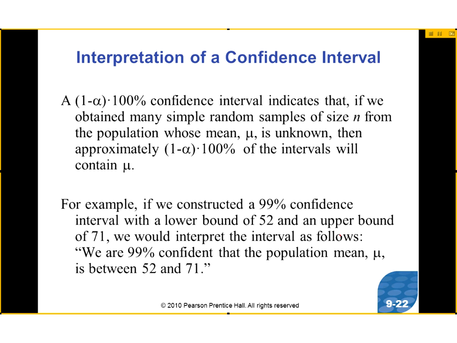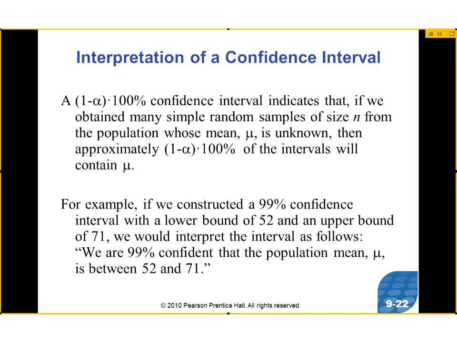And again, for a 1 minus alpha times 100% confidence interval, if we had many simple samples of size n from a population whose mean is unknown, then approximately 1 minus alpha of the intervals would contain the actual mean. If alpha was 0.01, we'd have a 99% confidence interval.